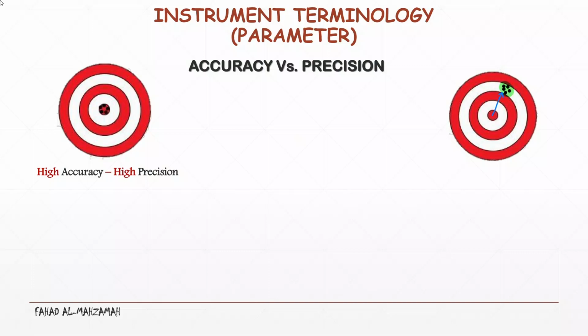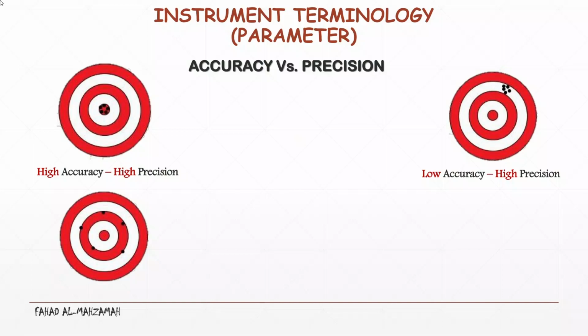But in terms of precision, you can see that all of the measurements are close to each other. So we can say that this example has a low accuracy but high precision. Now let's take a third example here.